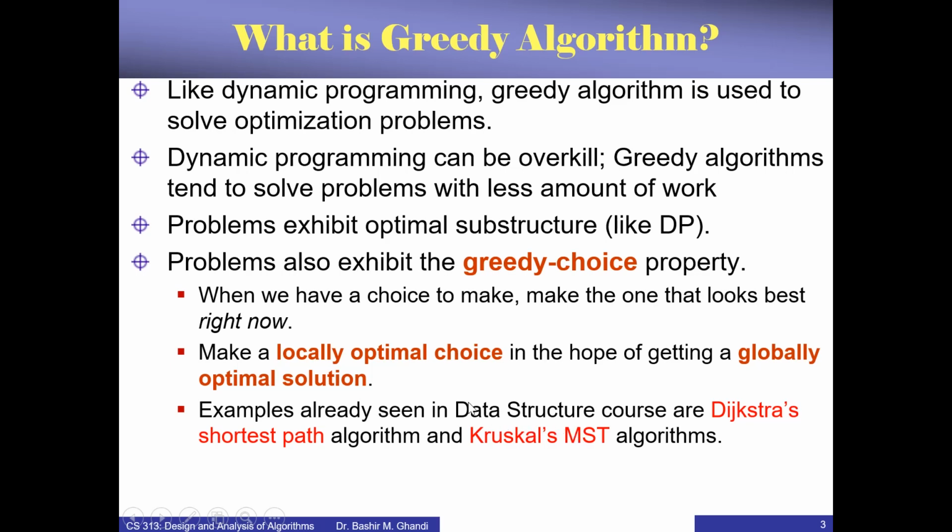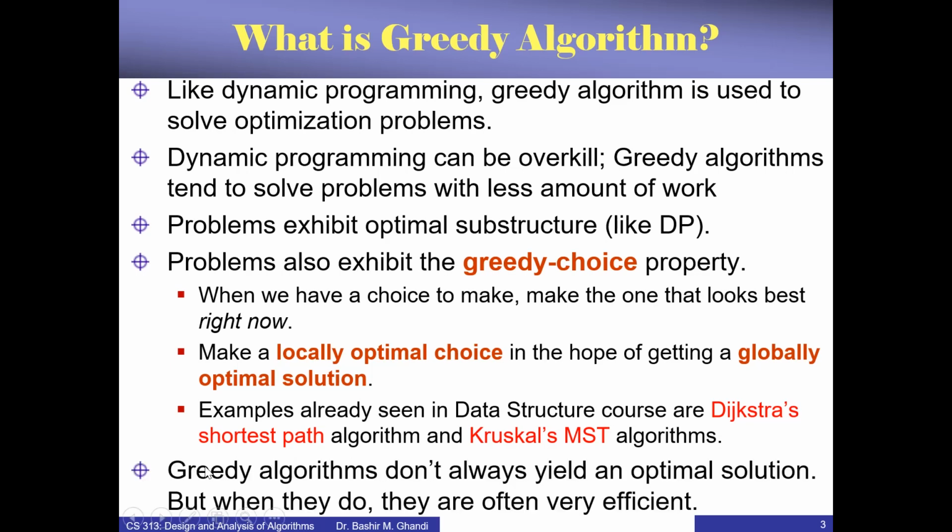We add them to our resulting graph, provided they don't form a cycle, and then choose the next one, see if we can add it without making a cycle, and so on. So in other words, at each point in Kruskal's, we were making a greedy choice by choosing the edge that has the smallest weight. This is the idea, and we're going to see it more clearly when we take an example in this lecture.